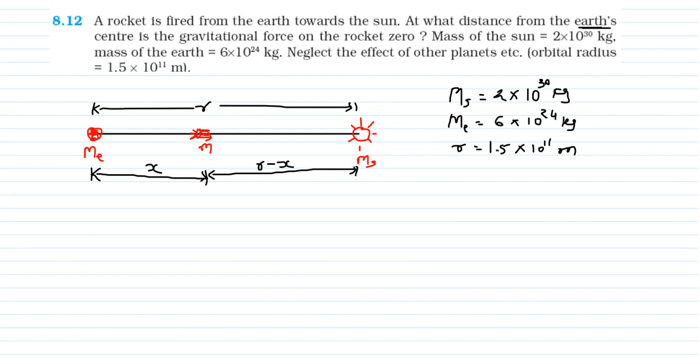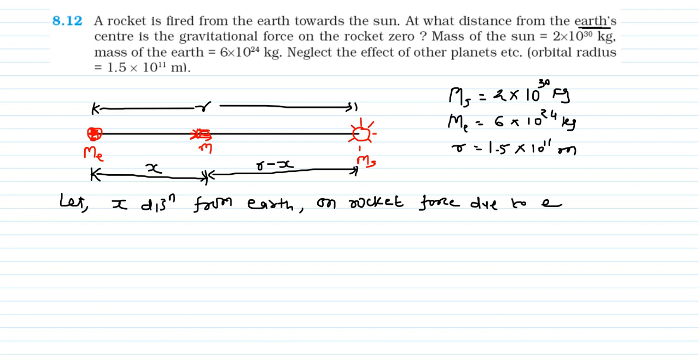Okay, so here you can say let x be the distance from earth. x distance from earth on the rocket, force due to earth and sun equal, right?